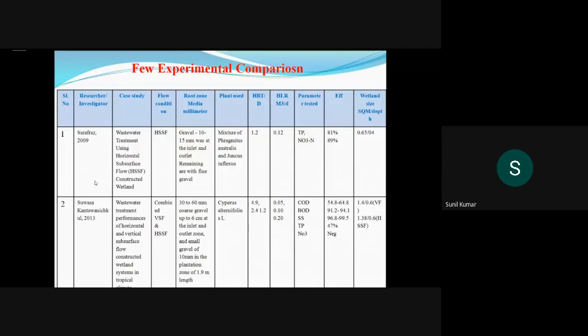These are the plants given in each column. The sizes have also been varied, the hydraulic retention time has been varied, and the tested parameters have also been varied. Accordingly, several research papers are available wherein they have proved the constructed wetland application.